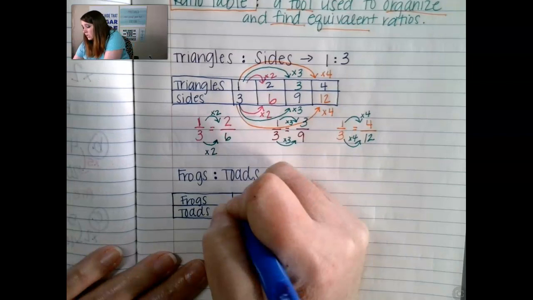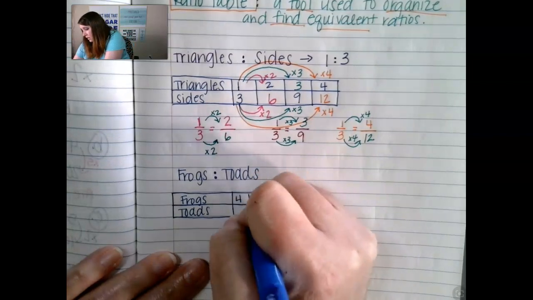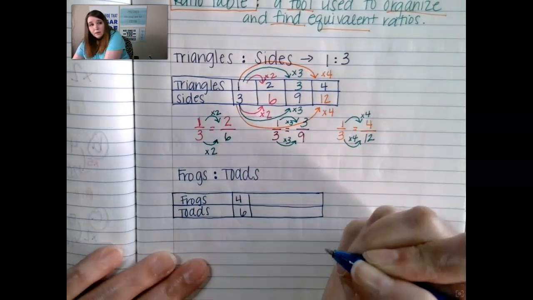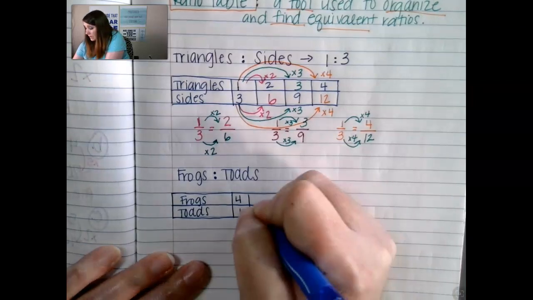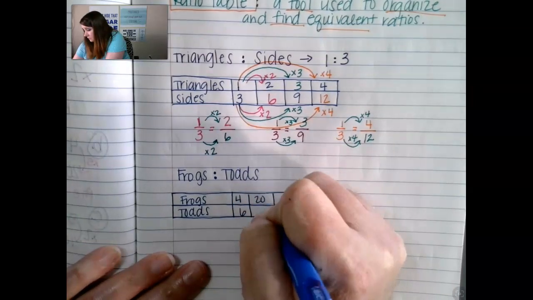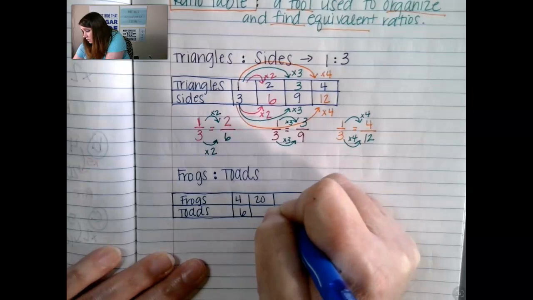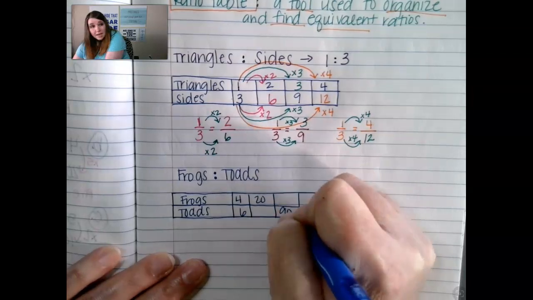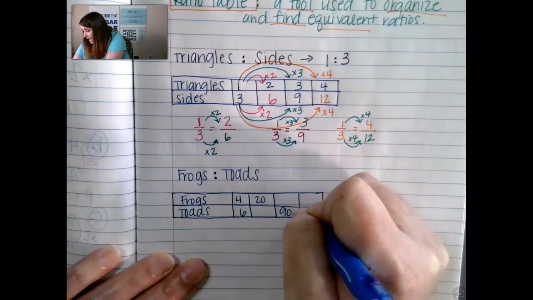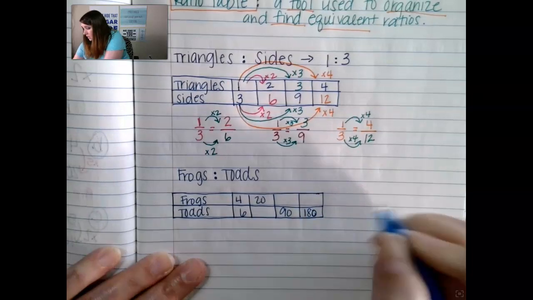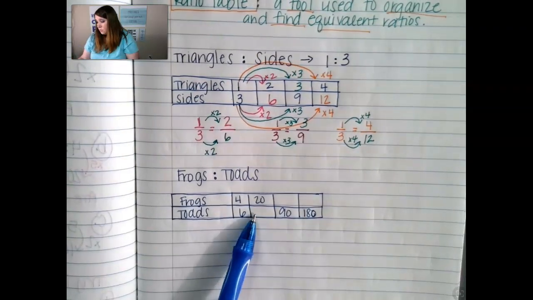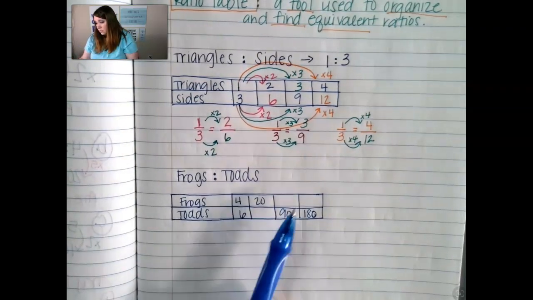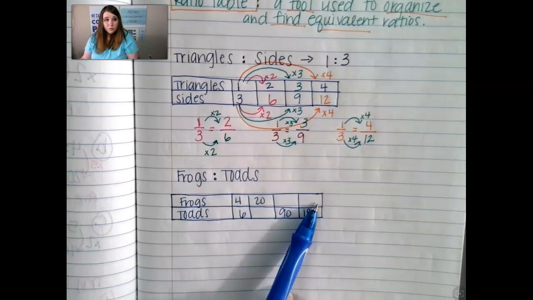And our first ratio that they give us is 4 to 6. Then they say we have 20 frogs, 90 toads, and 180 toads. Our job is to find what goes in column 2, 3, and 4.